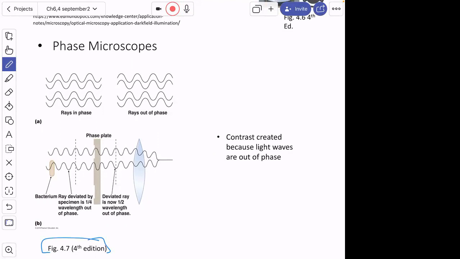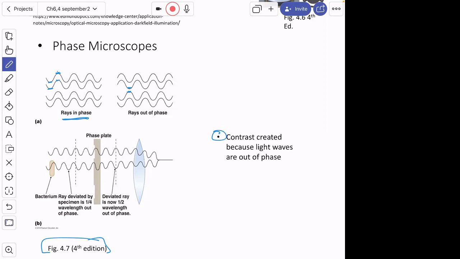But just briefly, when light rays are in phase, that means the troughs of the waves line up and the crests of the rays line up. When the light's out of phase, you've got a crest lining up with a trough. And when they're out of phase, basically that creates contrast.